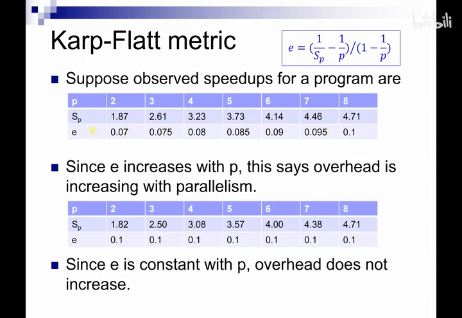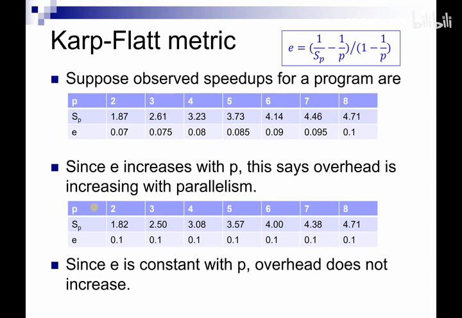In this example, the E values are actually increasing. Remember that these E values include both the sequential portion and the overhead. So the fact that this is increasing says that the overhead for the program is increasing as you increase the number of processors. You're paying more and more overhead as you increase the number of processors.